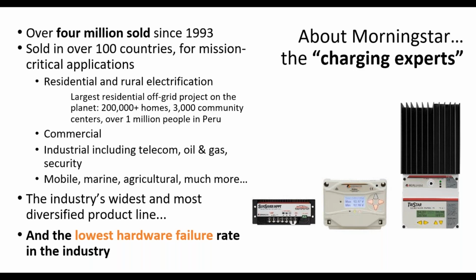Commercial applications, industrial, telecom, and oil gas are also applications we focus on. And then also the mobile market, which includes mobile, RV caravan, marine, and even agricultural systems. We have an extremely diverse product line with all power bands covered, as well as a variety of MPPT and PWM, and even some application-specific products, such as mobile, dual battery charging, and lighting control.